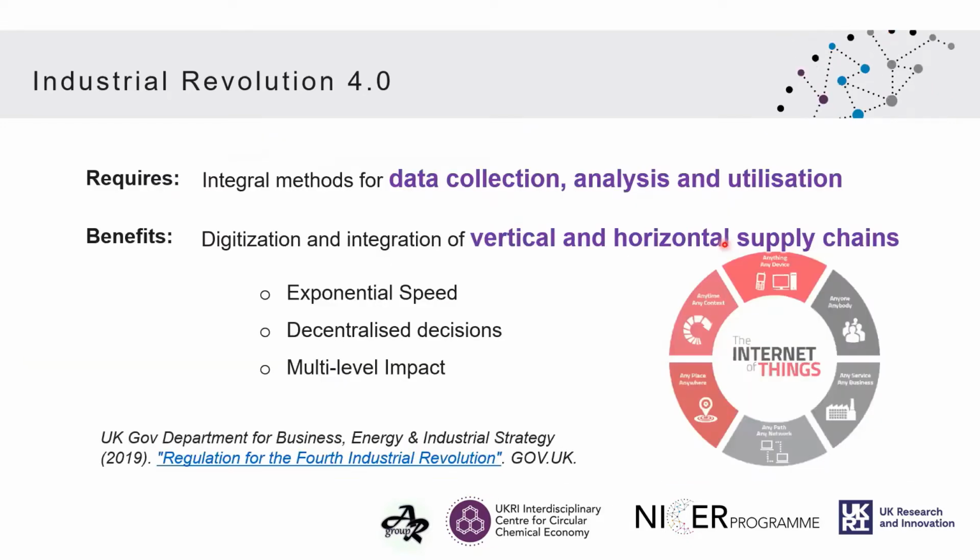Okay, so what this fourth industrial revolution requires is basically data collection, data analysis, data utilization, and exchange between different parts of an assembly chain, for instance. And what are the benefits? We have seen it previously.